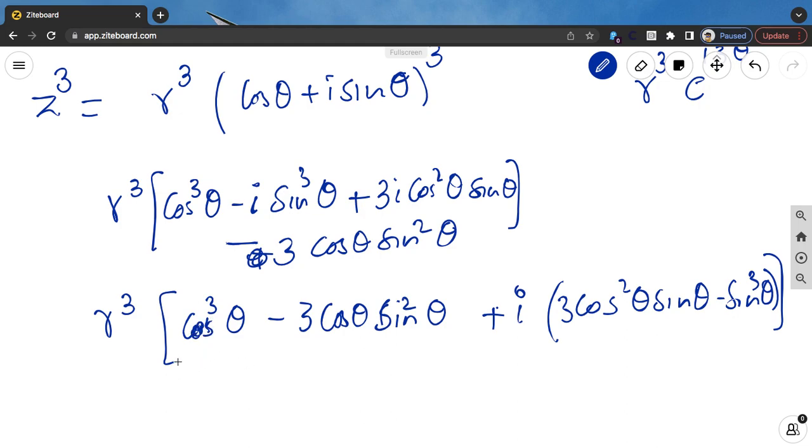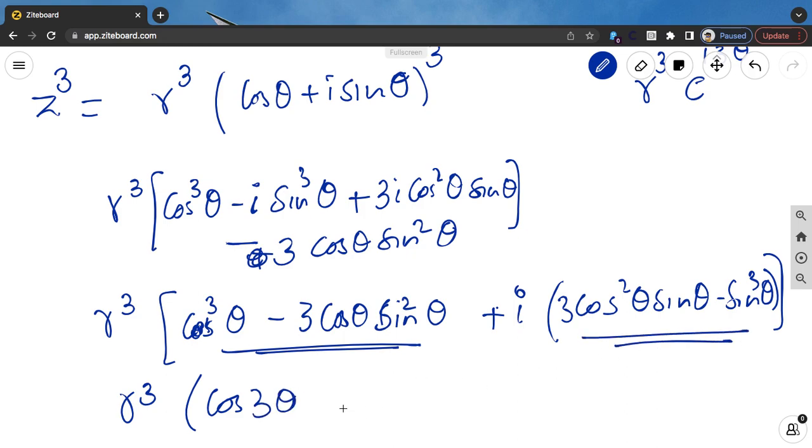We had done this when we did identities. We had found the formula for cos 3 theta and sin 3 theta. If you go back to that, you'll realize this whole expression is nothing but cos 3 theta, and this whole expression is nothing but sin 3 theta. You may try doing the expansion, starting from sin 3 theta and going to this. You will get the same result.